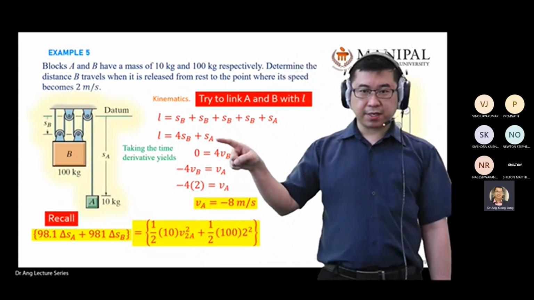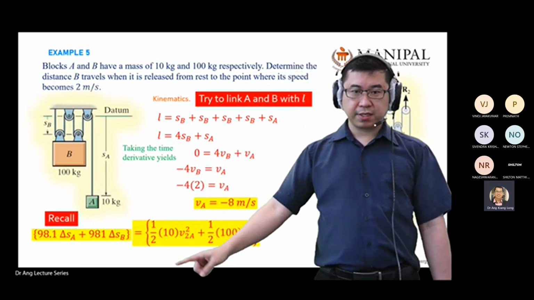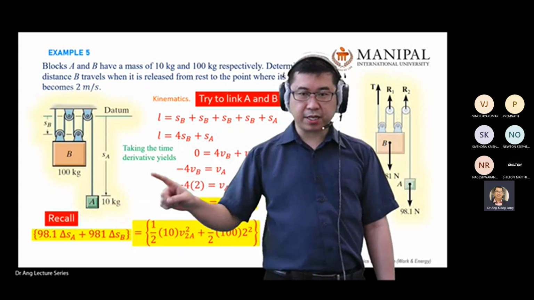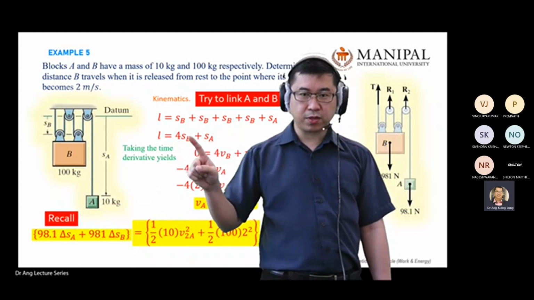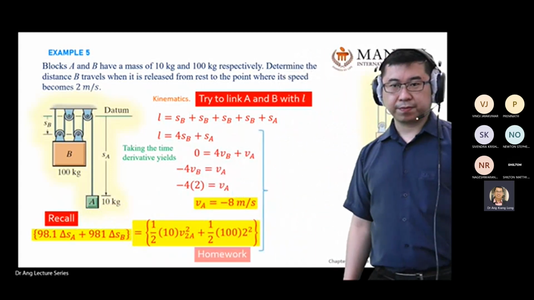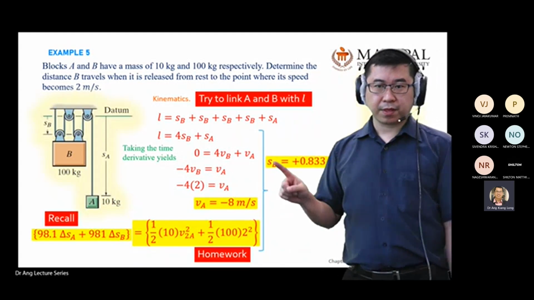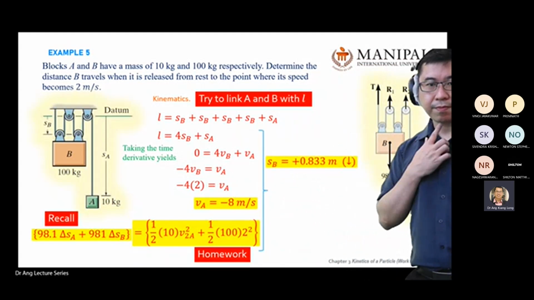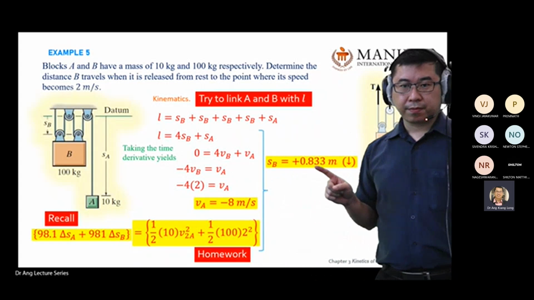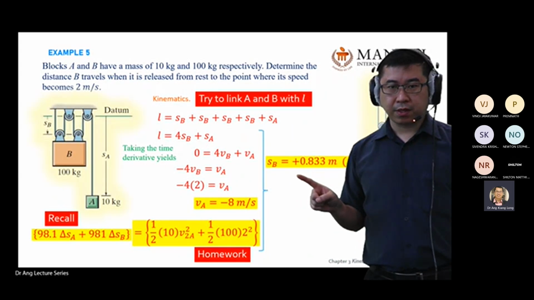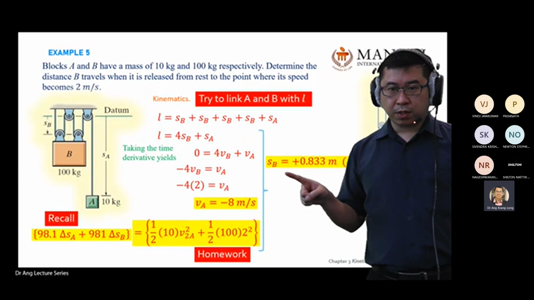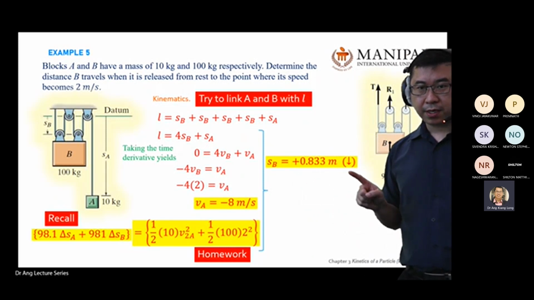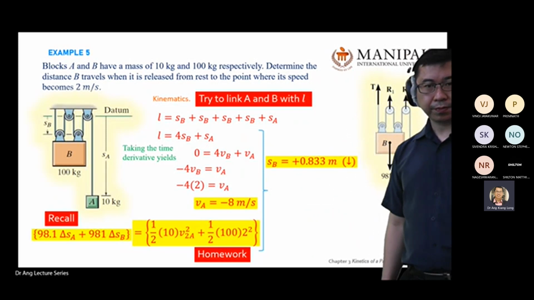You see this one? Right, change of SA and SB. You have these two equations here. So your SB equals this one, going down.